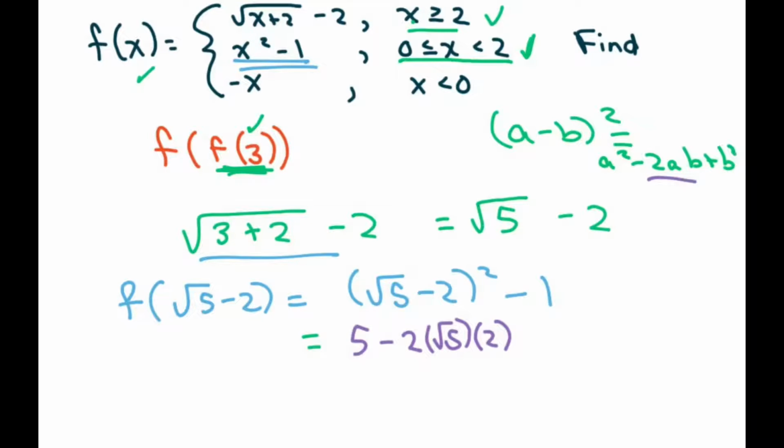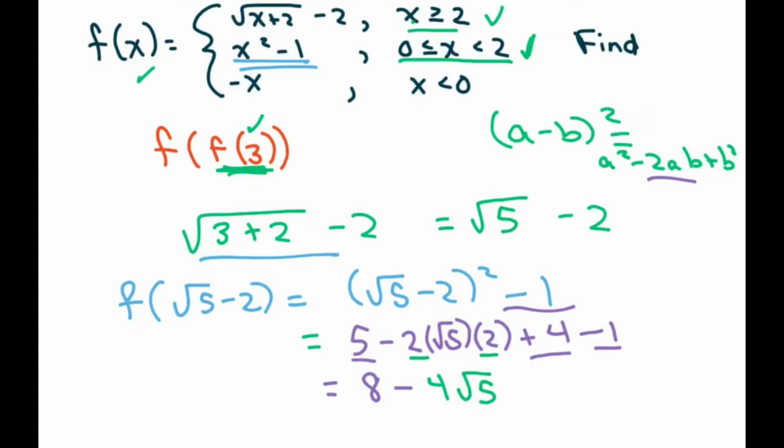That's your 2ab. And then you square your 2 and you get 4. Then we still have this minus 1. So this is going to equal 5 plus 4 minus 1 is 8, minus, and you can multiply these two, which is 4 square root of 5.